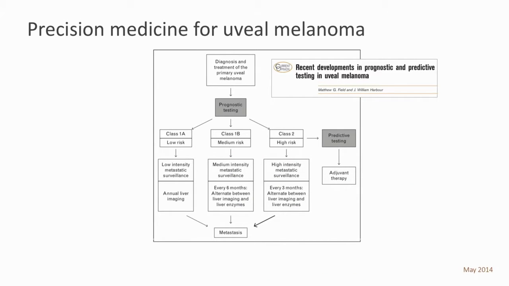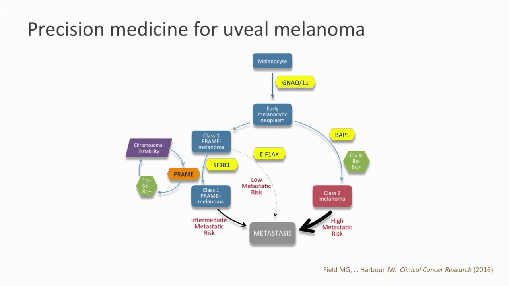So now we can go back to this model and propose that these high-risk Class 2 patients can be treated in the adjuvant setting with an HDAC4 directed therapy, which would be an oral, well-tolerated agent that we're looking into now for clinical trials.